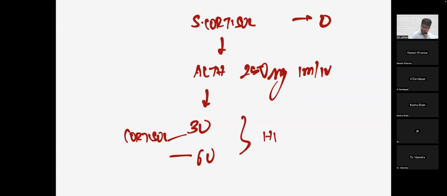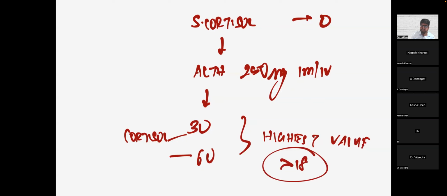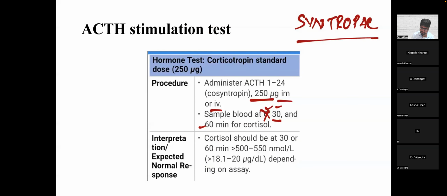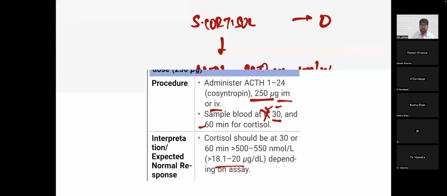After that, you take a sample of cortisol at 30 minutes and 60 minutes, right? And you have to see the highest value. If the highest value is more than 18, it rules out adrenal insufficiency. If both the values are less than 18, it is suggestive of adrenal insufficiency. So this is how you do an ACTH stimulation test, right?